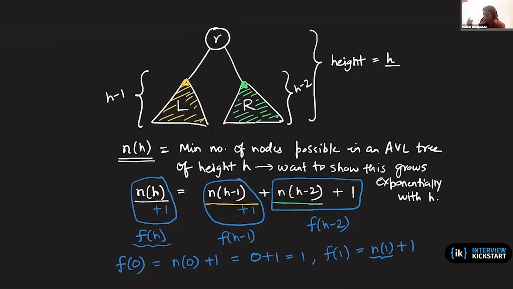What's the minimum number of nodes in an AVL tree of height 1? Well, it's just 1 because it's just an isolated node. So 1 plus 1 would be 2. So f of 0 is 1, f of 1 is 2, f of 2 will be 1 plus 2, which is 3. And so the f values are 1, 2, 3, 5, 8, 13, and so on. These are all the f of h values.